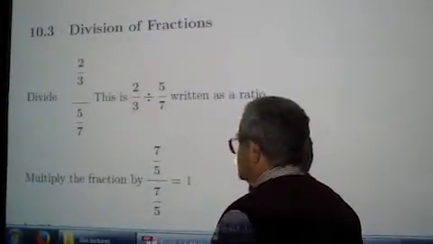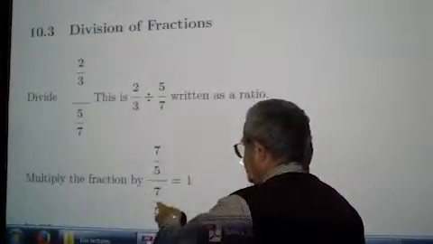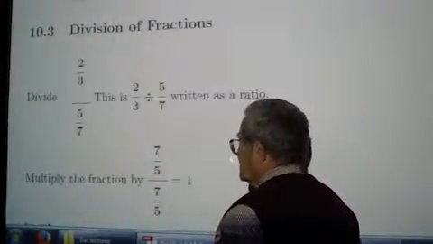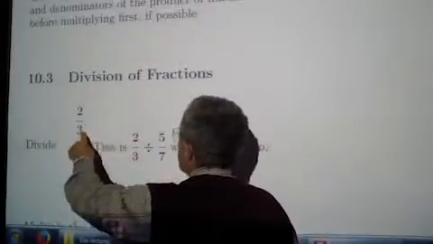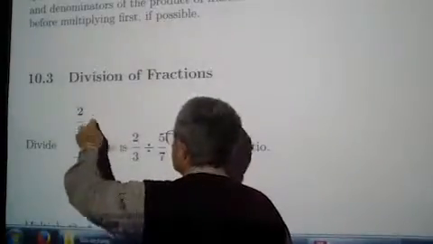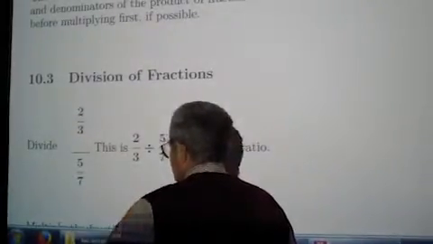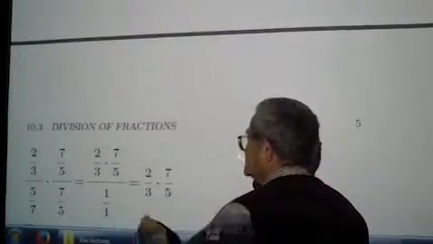Suppose we remember that 7 over 5 divided by 7 over 5 is 1. And we multiply this original fraction, 2/3 divided by 5/7, by 7 over 5 divided by 7 over 5, like I am doing right here.